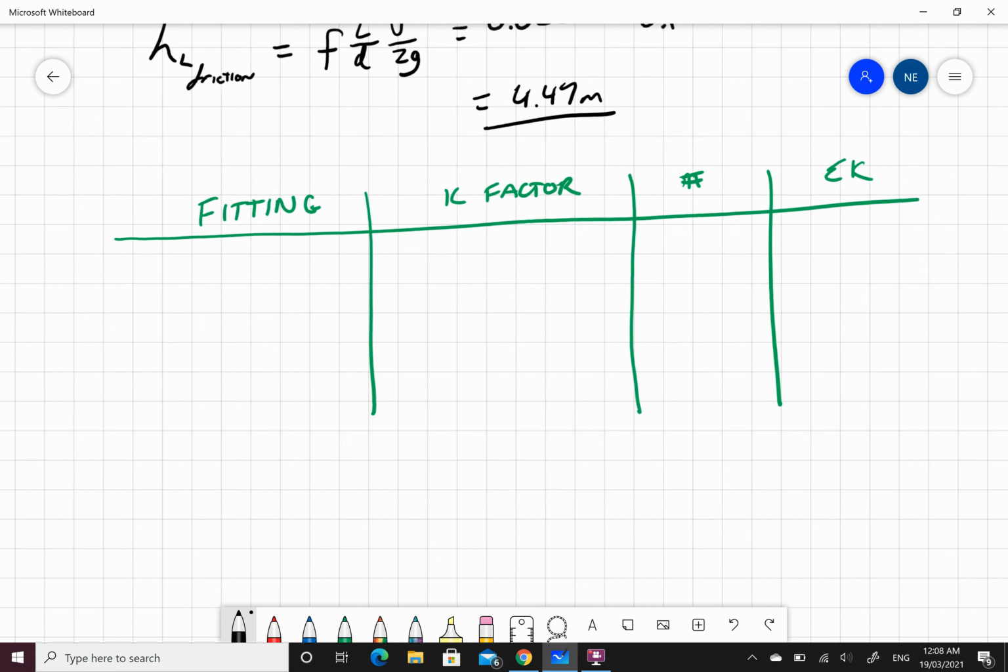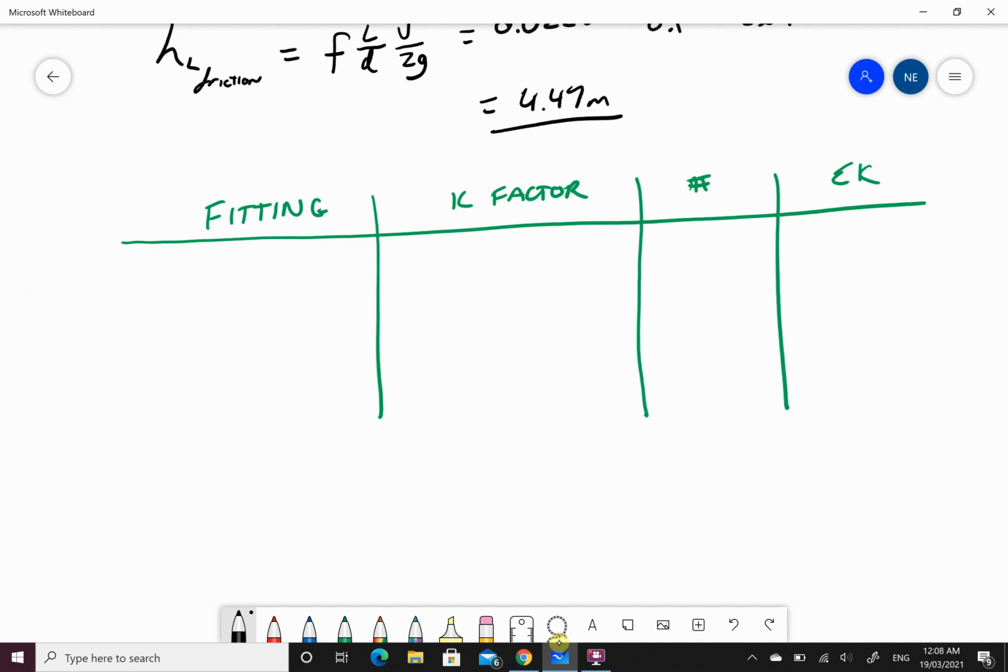You can go through and have a look at those appendices again and find out the values. I'm just going to write them out.